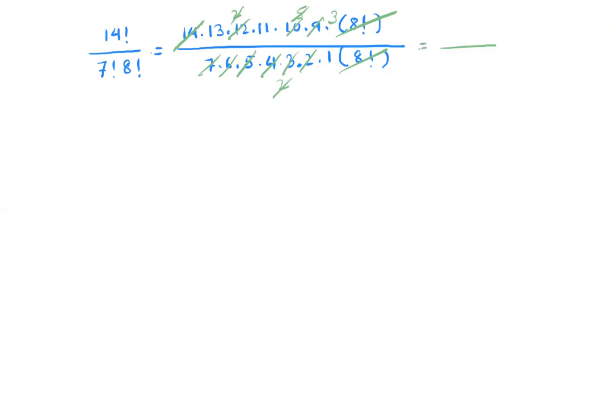And on the top, you're going to get 13 times 11 times, what else is left? 3. So it's 33 times 13. 33 times 13 is 429. So that's what it is.